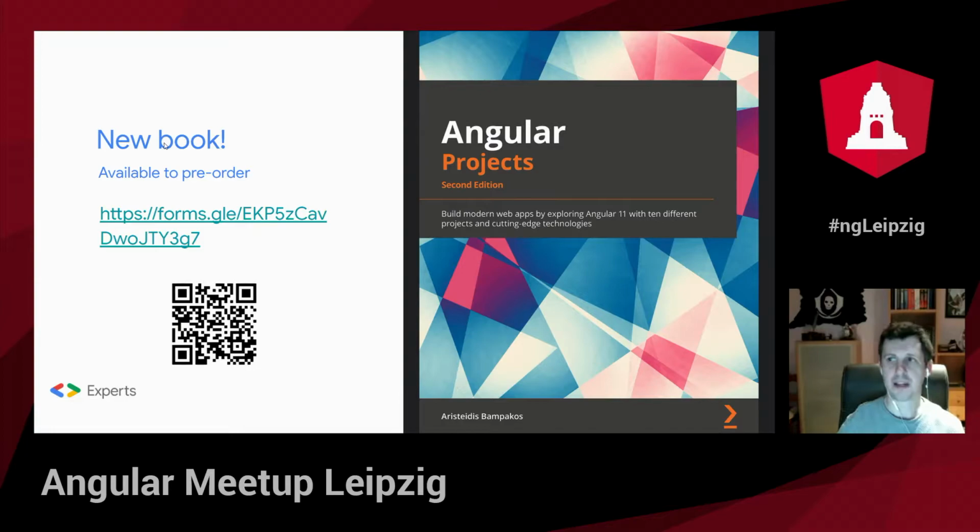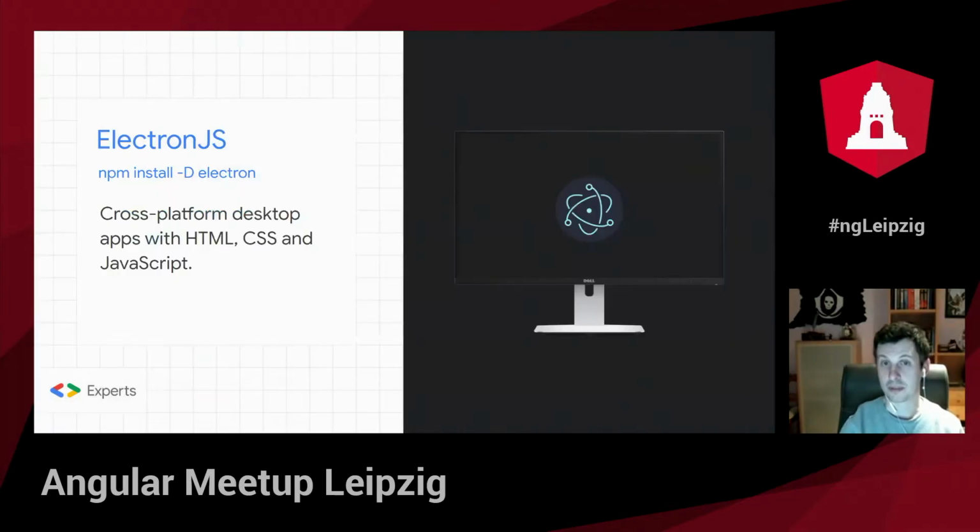So let's get started with the fun part of the talk, which is Electron. What is Electron? Electron.js is a JavaScript framework that you can install using the npm registry. So you just type npm install electron and you get it. Now, in the install command, you add the -D switch because Electron is not needed during runtime of our application, but only during development.